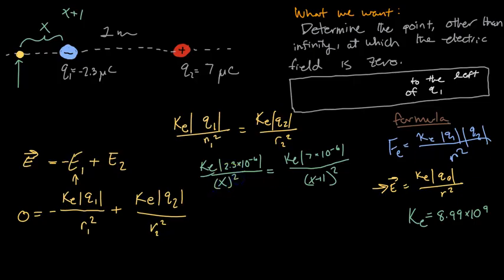And from here we can do our cross multiplication, and when we do that we will end up crossing out the Coulomb constants, and it will end up looking like this. X plus 1 squared over X squared equals our charge number 1, which is 2.3 times 10 to the negative 6, over our second charge, which is 7 times 10 to the negative 6.